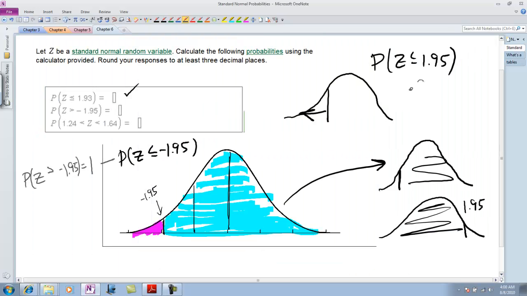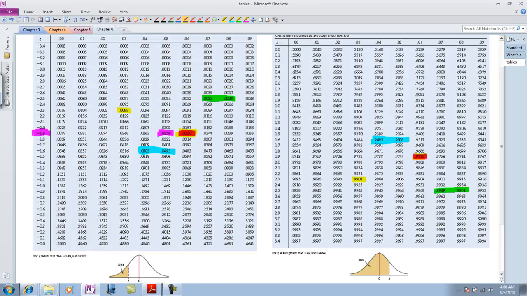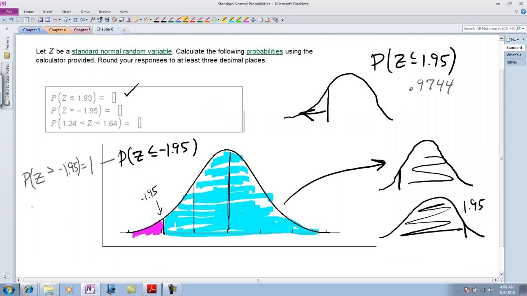The other option was to take P of its complement, which is less than or equal to negative 1.95, so I can look that up on the table. On the negative side, I look up negative 1.9, and 95 is right here, and it's 0.0256. So I can go back to here, and I can go 1 minus 0.0256, and I get 0.9744 again. So either way works.